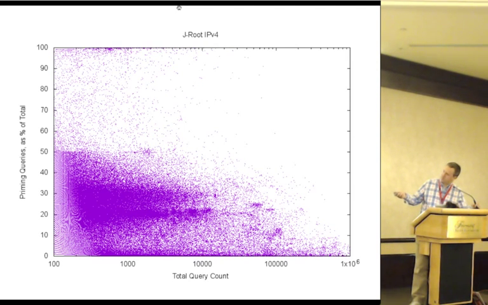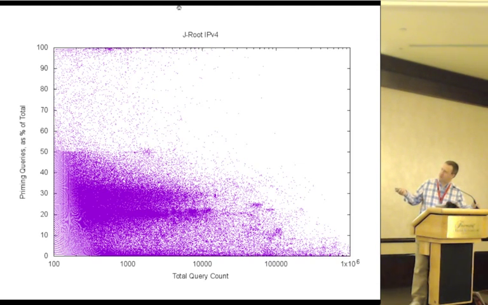There's something interesting going on right at the 50% line. All of these dots represent IP addresses, and this 50% means that for every real query they send, they also send a priming query.